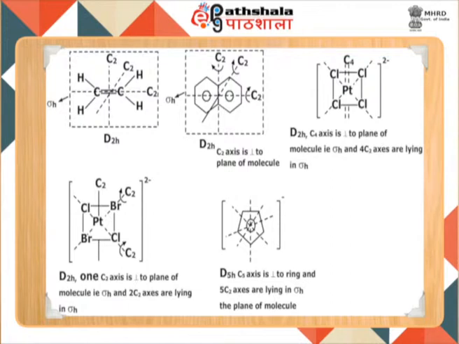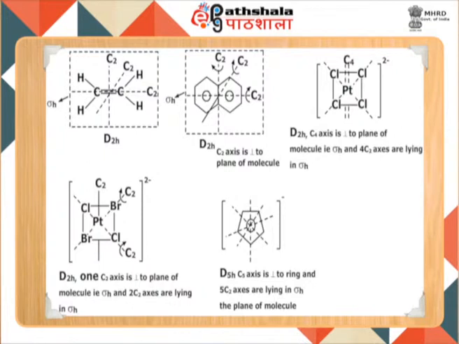Now, if it has a C6 axis, there are n C2 axes, 3 along the carbon-carbon bonds, like this and like this, and 3 in between these bonds, like this and like this. So, this molecule has a C6 axis and nC2 axes in the plane of the molecule. So, this molecule goes to the D6h point group.